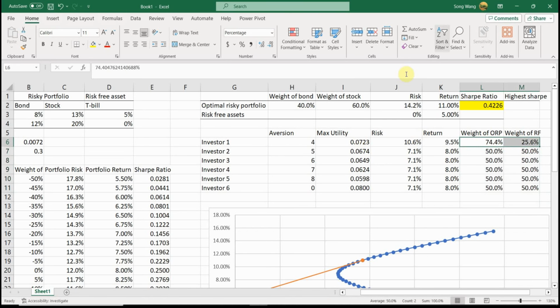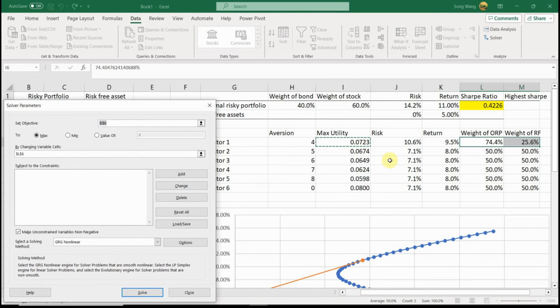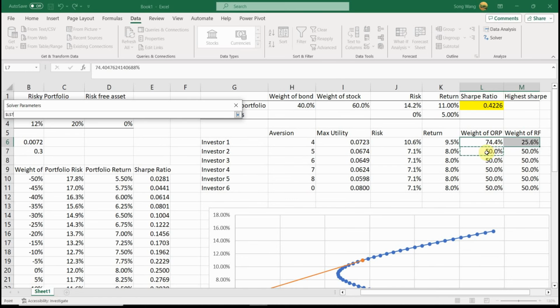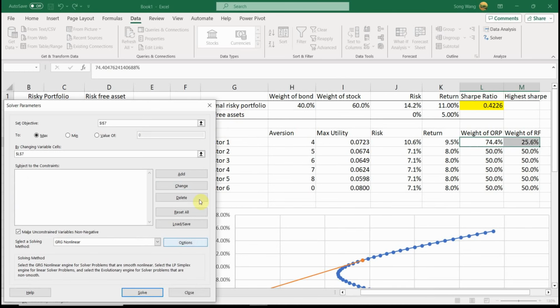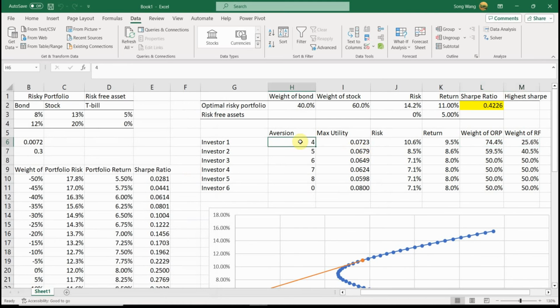Then I'm going to do it again. Data, Solver. This time I want to maximize the second investor's utility by changing his or her investment in the risky. Solve. You see for different risk aversions, different risk preferences indicate different combinations of risky and risk-free. And then I'm going to do it again.